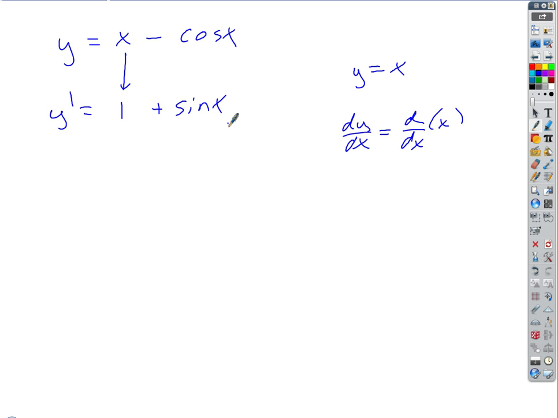I'm not going to do a bunch of rates of change stuff, but I want to do a good example.